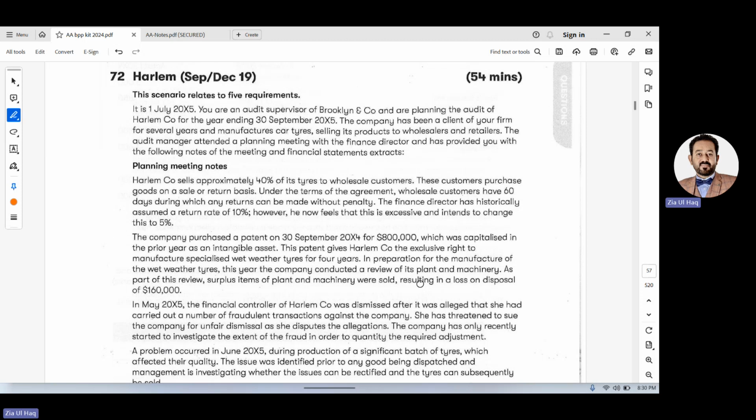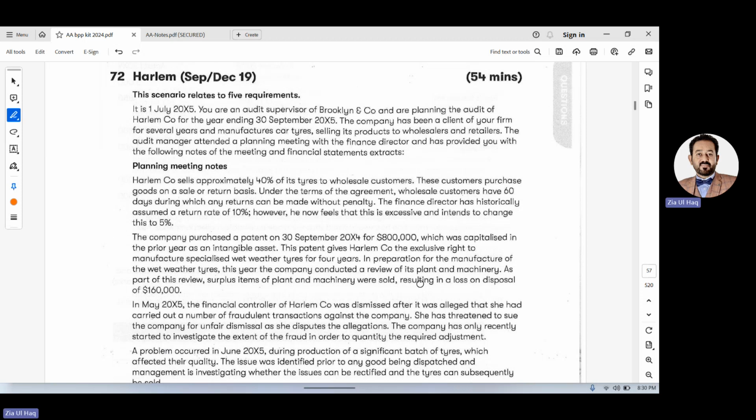The audit manager attended a planning meeting with the finance director and has provided you with the following notes of the meeting and financial statements extracts. Planning meeting notes. Harlem Company sells approximately 40% of its tires to wholesale customers.